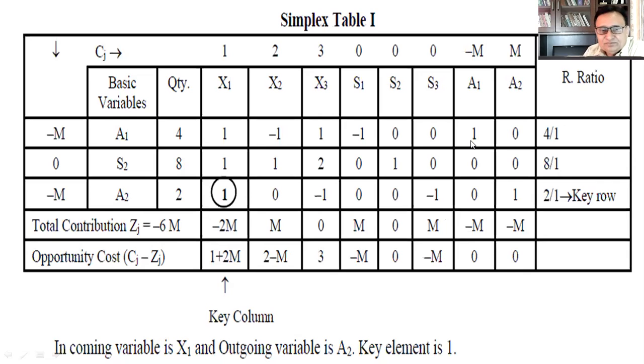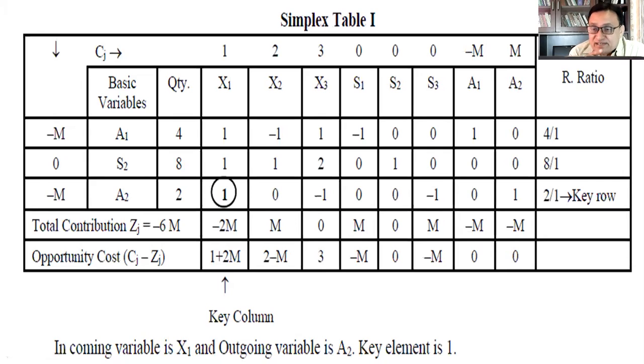In the A1 column, 1 multiplied by -m, 0 and 0, so -m will be there. In A2, 0 multiplied by -m is 0, again here 0, and here 1 multiplied by -m. So we have calculated the Zj value.